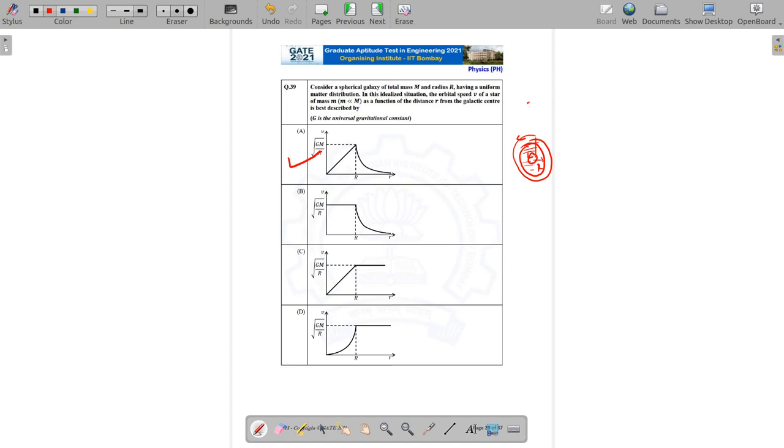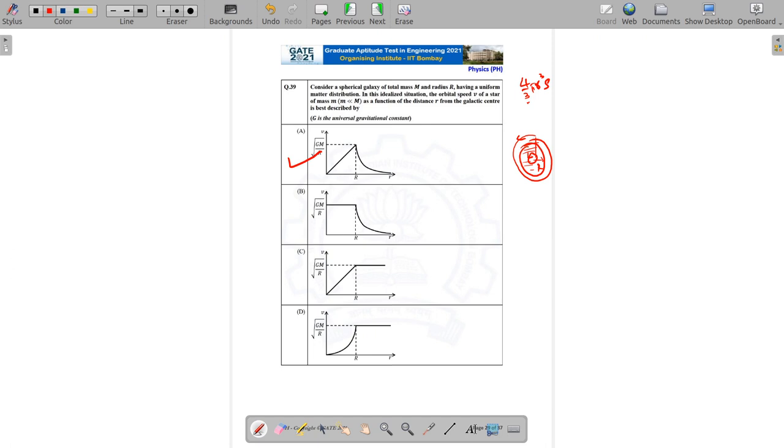Your total mass will be 4 by 3 pi R cube, the volume of the galaxy, times rho, if rho is the uniform mass density. If you go far apart, this will look like a point particle.